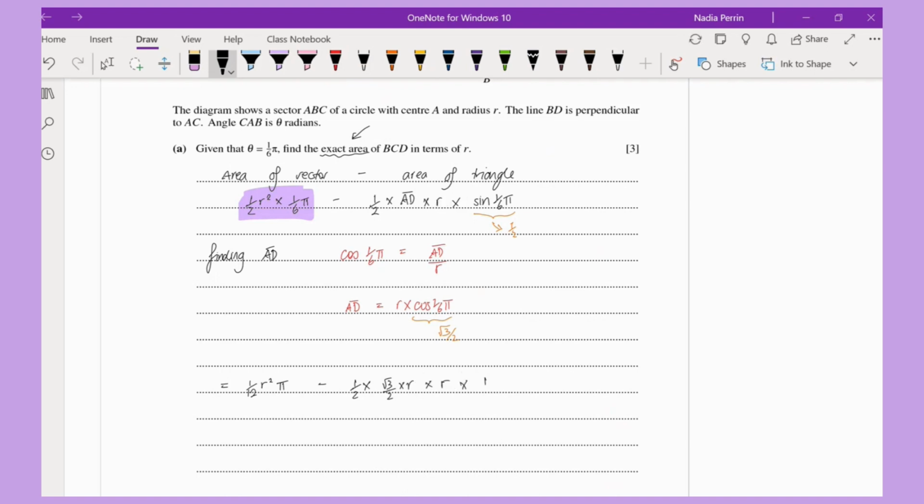And then I'm timesing by a half. So just simplifying that all out, and you're going to get 1/8. You put √3 over 8 R squared. And that is going to be your final answer.